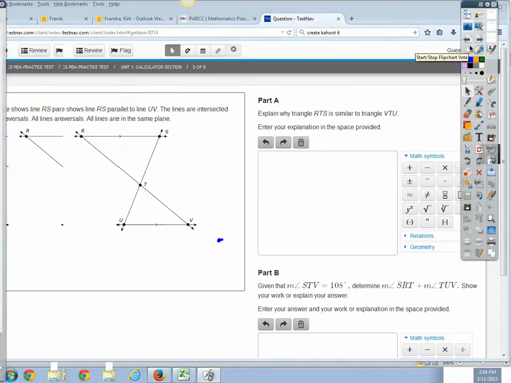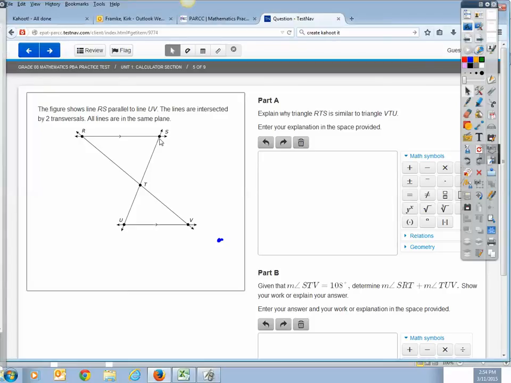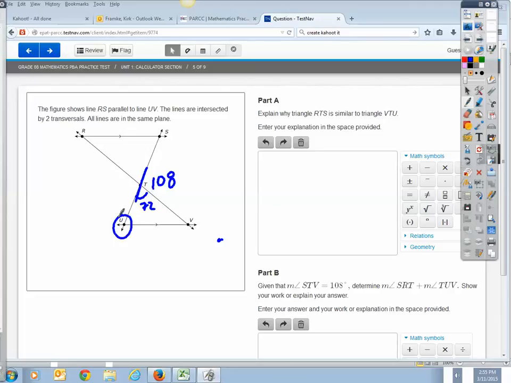Excellent. The problem says that the measure of angle STV is 180 degrees. Or sorry, 108 degrees. Well, that means this angle here has to be 72 degrees because they are supplementary angles, which means they equal 180, so 180 minus 108 is 72. That means this plus this is going to be equal to 180 minus 72.